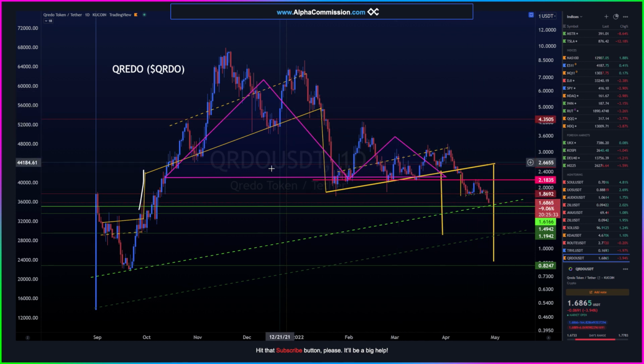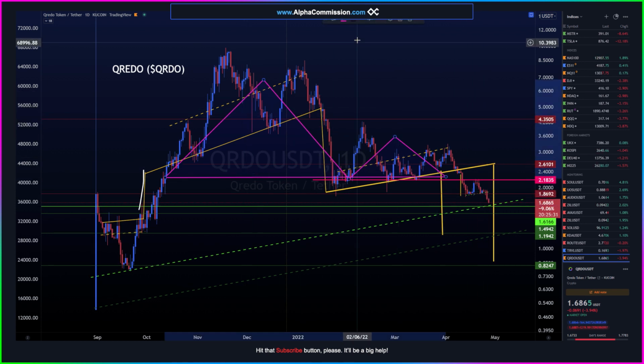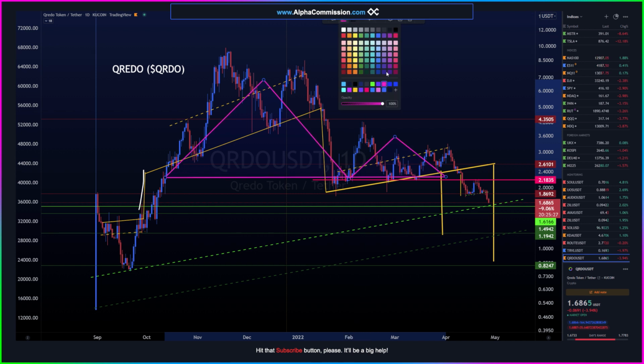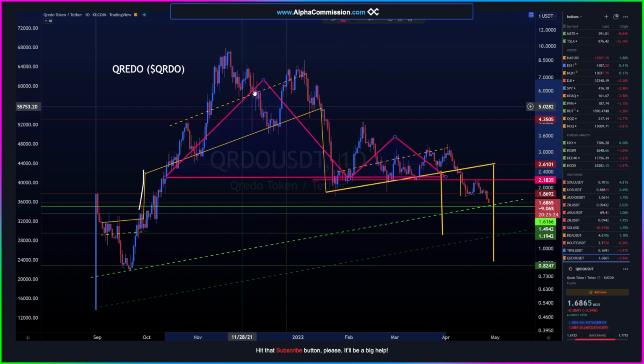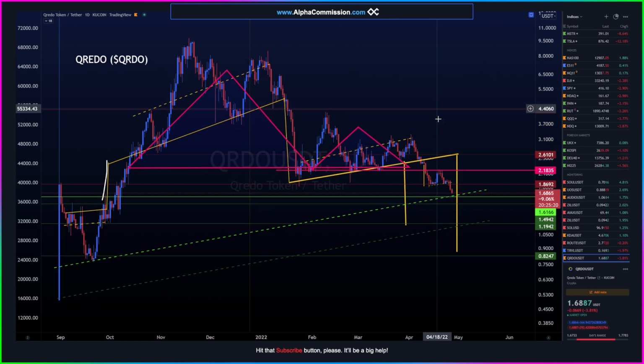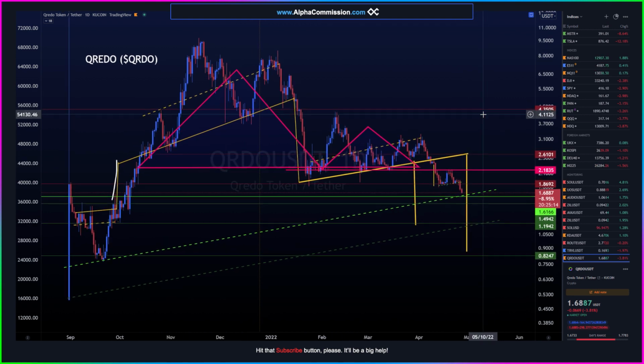And so if Bitcoin does have a breakdown, just a total breakdown, then, as ridiculous as it seems, I could see QREDO playing out this cup and handle to the downside.